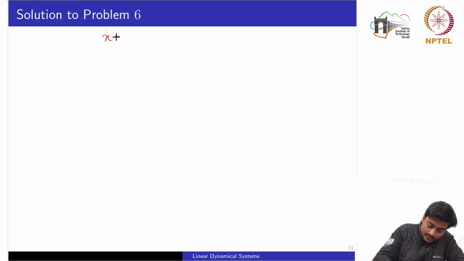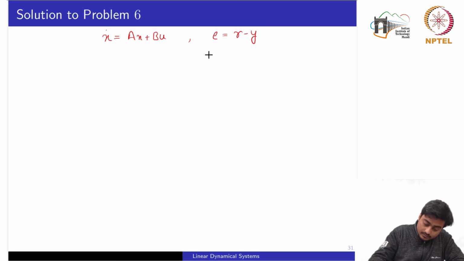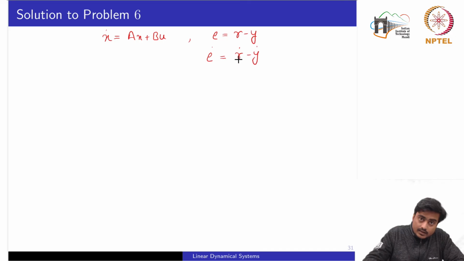First, x dot is equal to ax plus bu. The error e we have defined as r minus y. If I take the derivative of this error, I get r dot minus y dot. Since r is a constant signal, the derivative of r is equal to 0, and we have minus y dot, and y is equal to c naught times x.